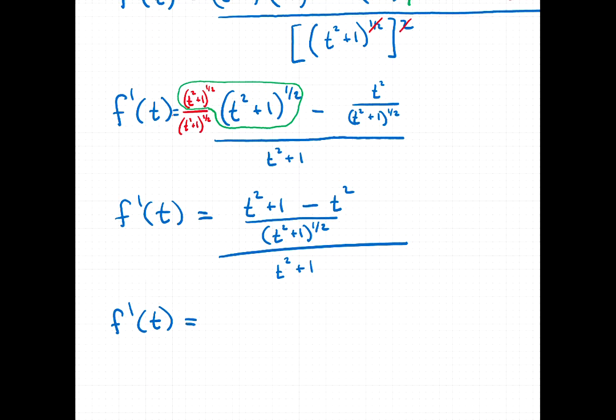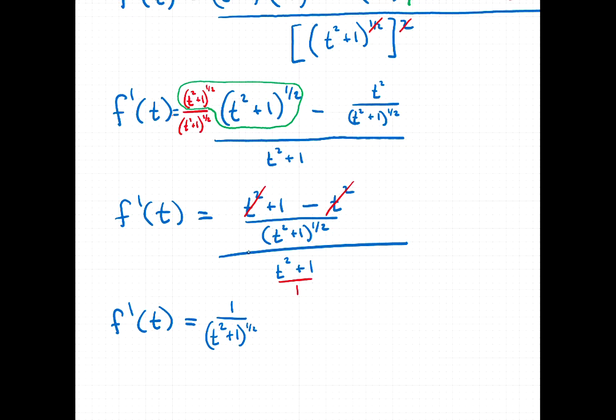All right, so it looks like this t squared and this minus t squared cancel. And we can simplify this compound fraction. So if we put this over 1, the numerator here is 1 over t squared plus 1 to the 1/2 power.